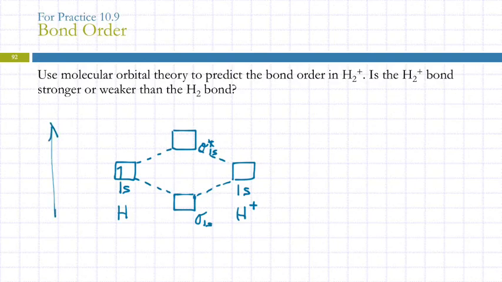Energy is always increasing as we go up. So these are the molecular orbitals in the middle. We're going to take the electrons that were in the atomic orbitals and put them in the molecular orbitals. Here we only have one electron. And they're going to go in the lowest energy ones first, so we're going to stick it right there. And so this is H2+.